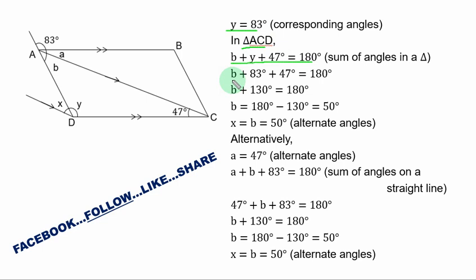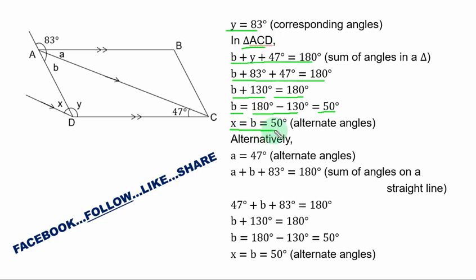If you replace y with 83 degrees, you have this result, and b plus 130 equals 180 degrees. If you make b stand alone, you have 180 degrees minus 130 degrees, and that is 50 degrees. It follows that s is equal to b, and that is 50 degrees.